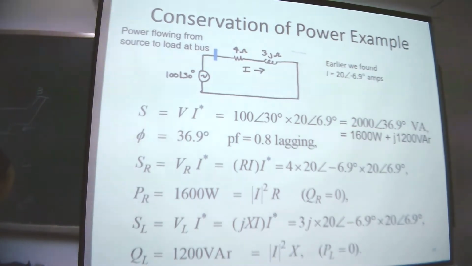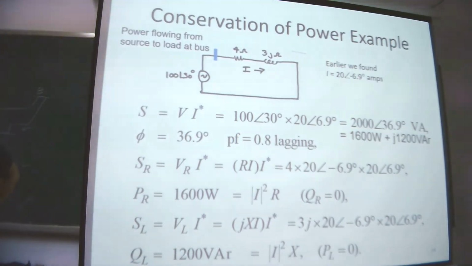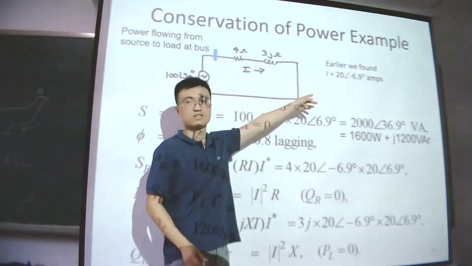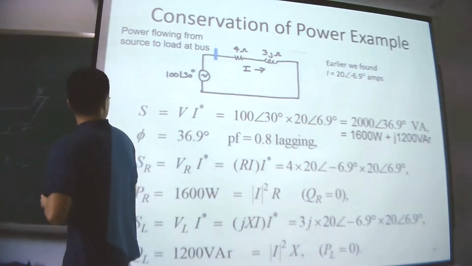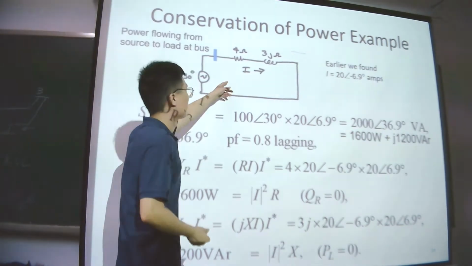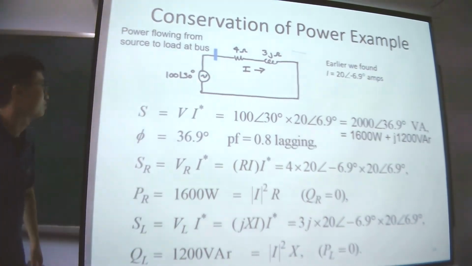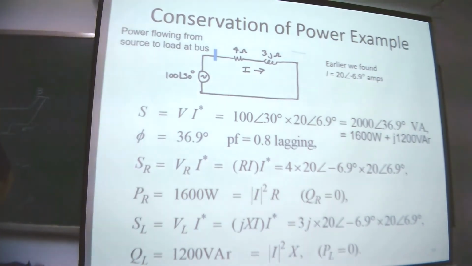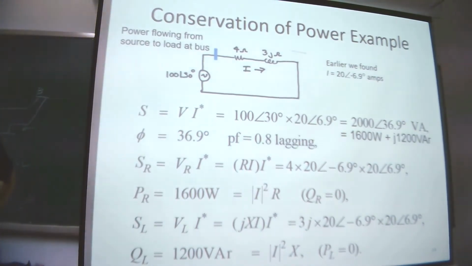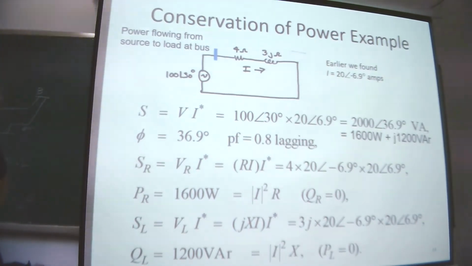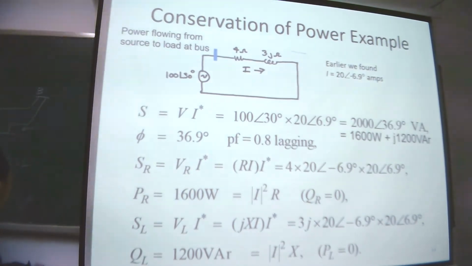So in the previous examples, the current is that value, right? So for the current here, we have to take the conjugate. You can also use these equations and all of these triangles to calculate all the necessary parts of this circuit, right?